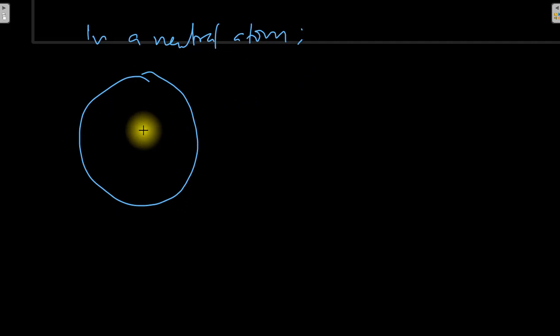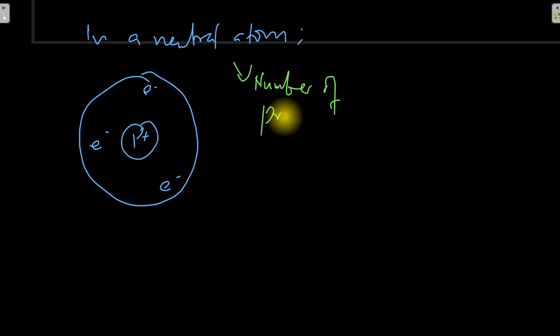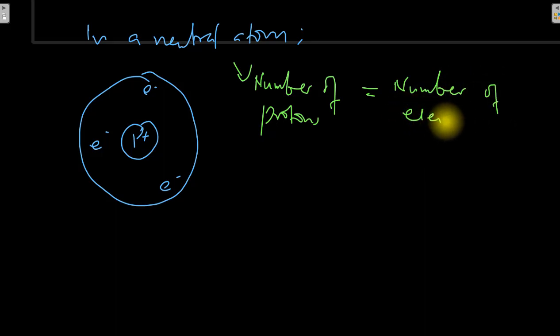Let's begin with what an atom looks like. So in a neutral atom, we know very well that we have protons, and then we have electrons surrounding the protons. In a neutral atom, the number of protons is equivalent to the number of electrons.